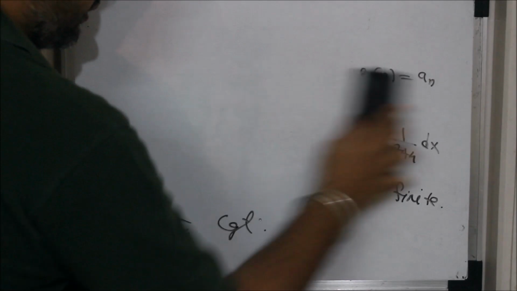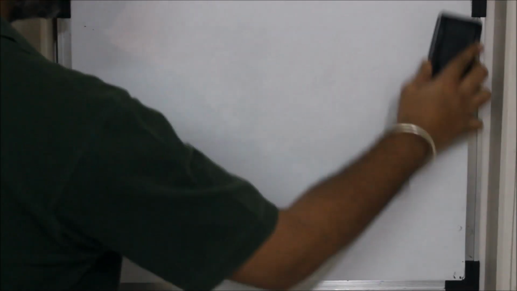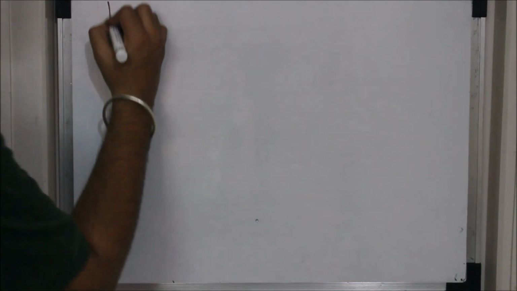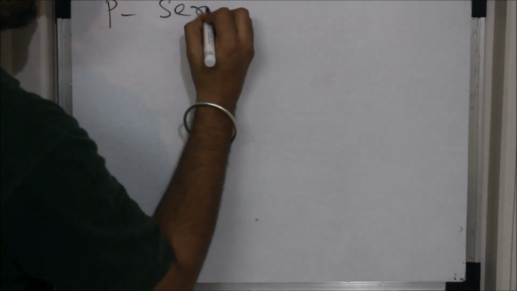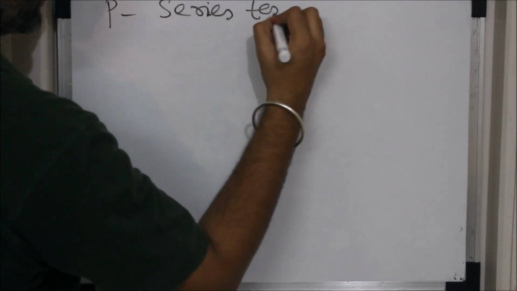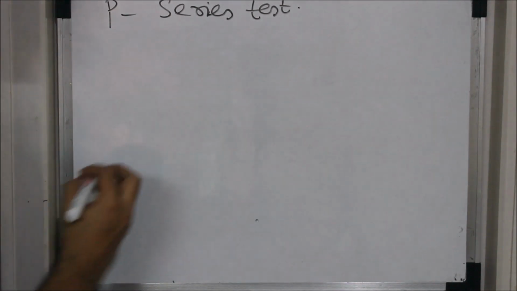Now let me take the last part of this section, which is one of the very important theorems and which we'll be using very widely in the coming lectures, which is nothing but the P series test. What does the P series test say?